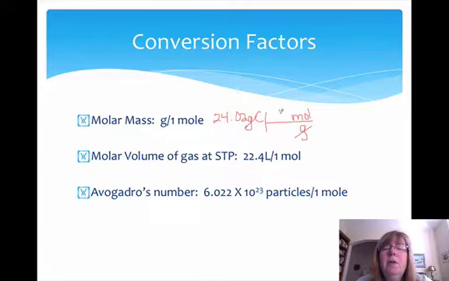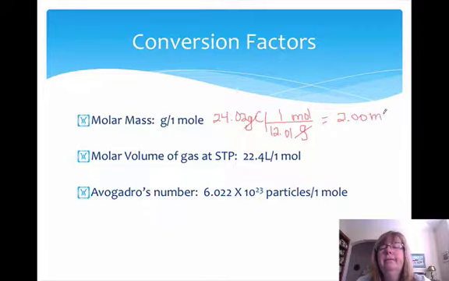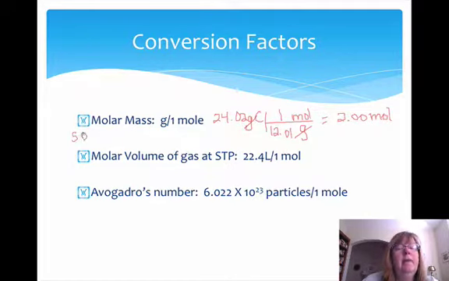Now the number 1 goes with mole, and the molar mass of carbon is 12.01 grams. And so in your calculator, you're going to put in the number 24.02 divided by 12.01. You're dividing because it's in the denominator, and your answer would be 2.00 moles.